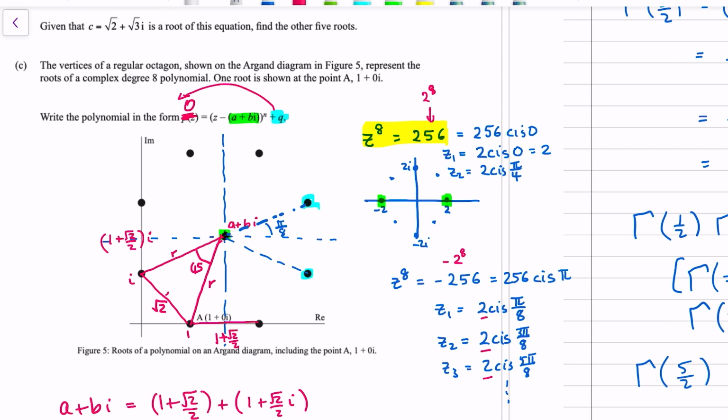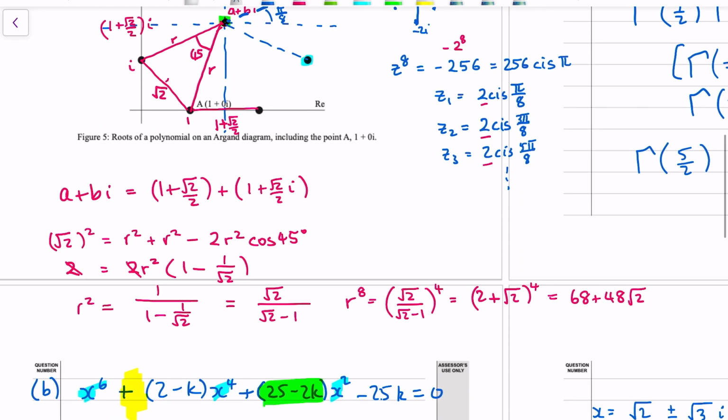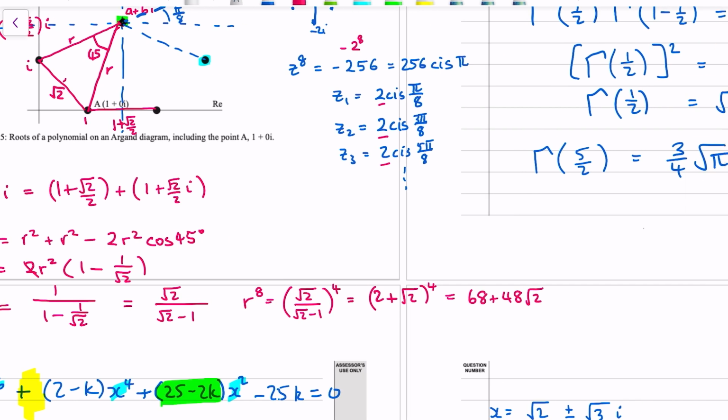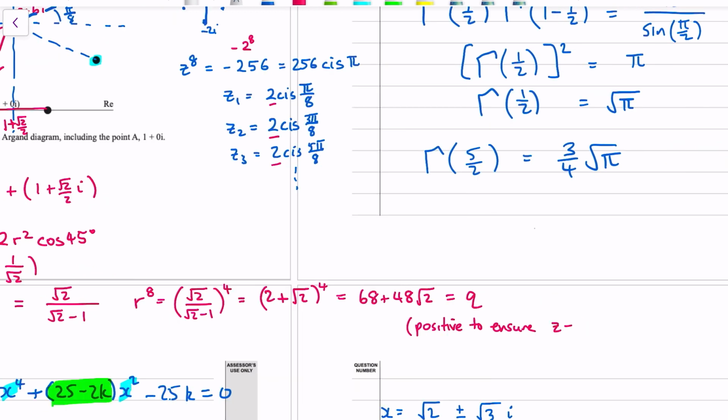And so our q must be positive on the right hand side of the equation, to ensure z minus stuff to the 8 equals negative.